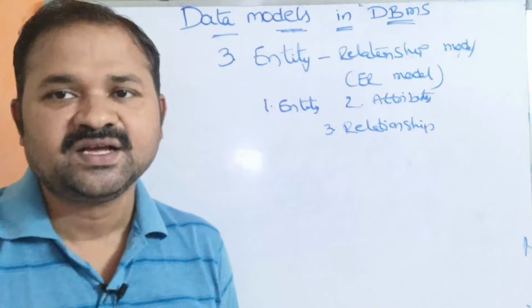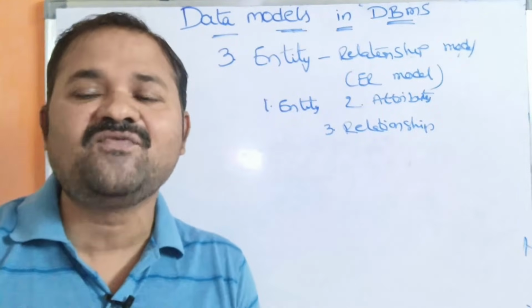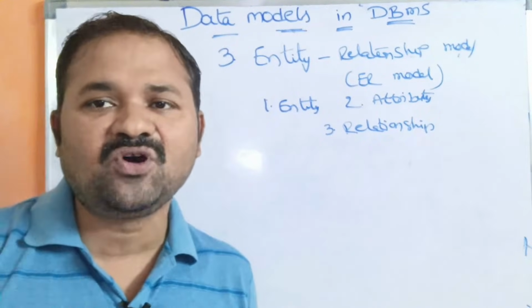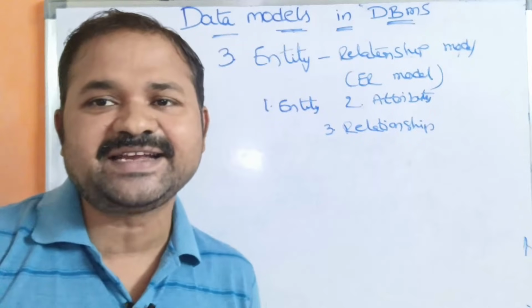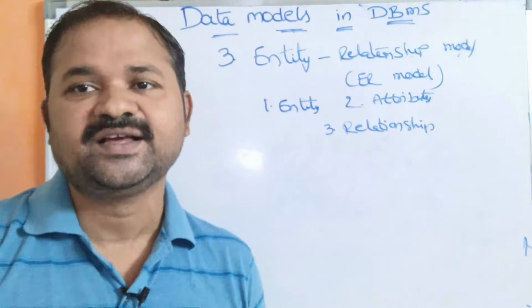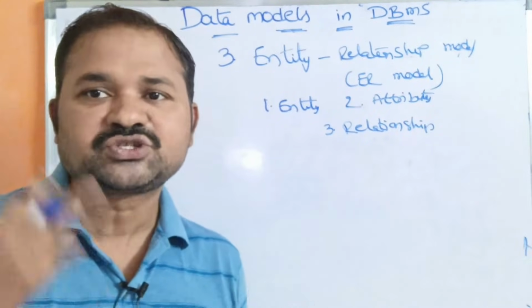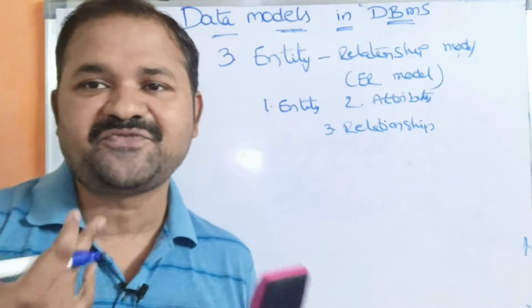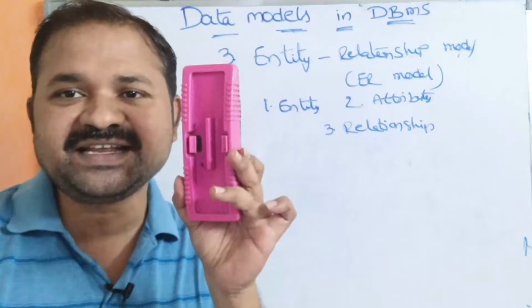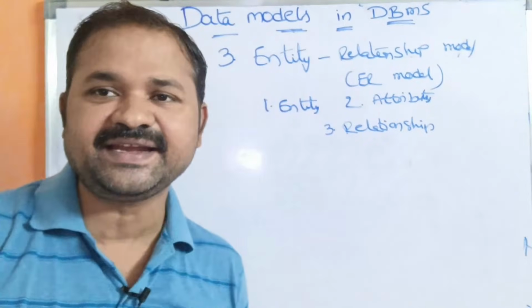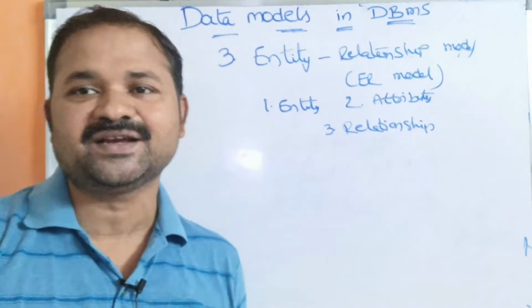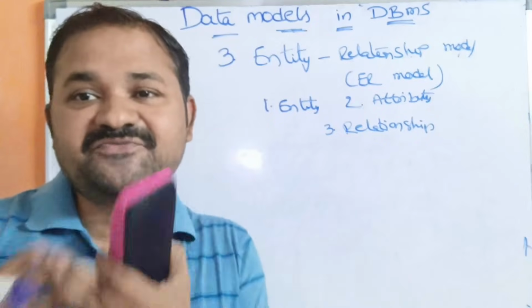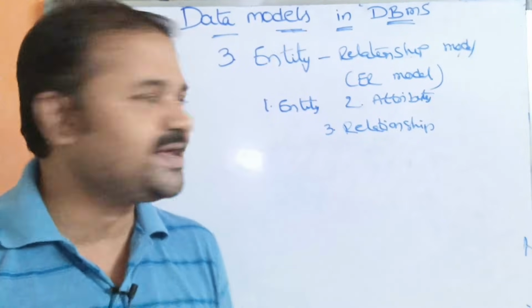What is an entity? An entity means any real world thing. Anything that has physical existence is called an entity. Student is an entity because a student has physical existence. Faculty is an entity, duster is an entity, this board is an entity, this marker pen is an entity.